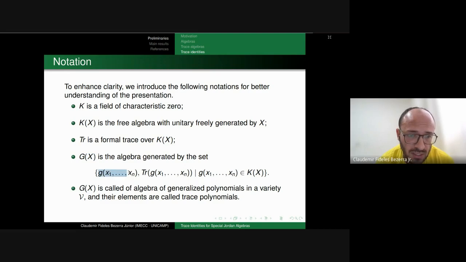Here, these elements are in the free algebra, and this algebra depends on the variety considered. I call it the algebra of generalized polynomials in a variety V, and its elements are called trace polynomials.